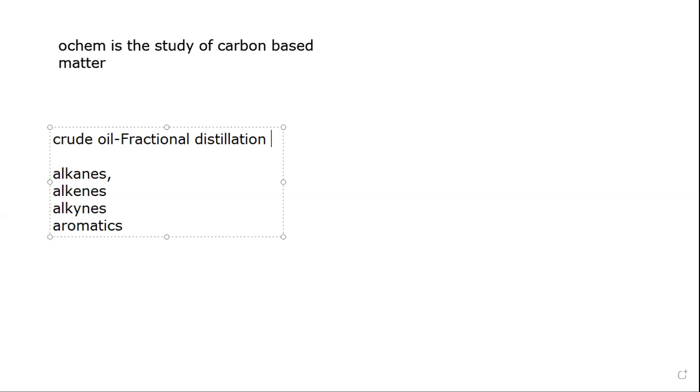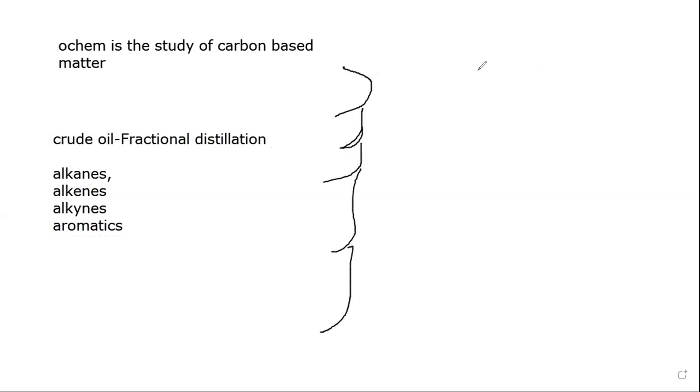And so with fractional distillation, of course, you can have your different fractions. I'm using this line to represent fractions right here.